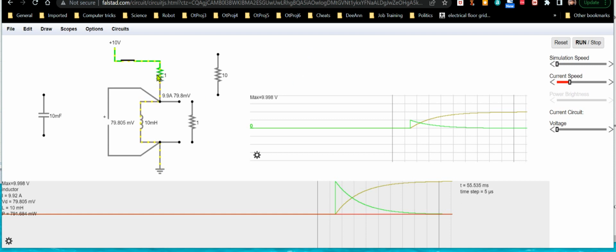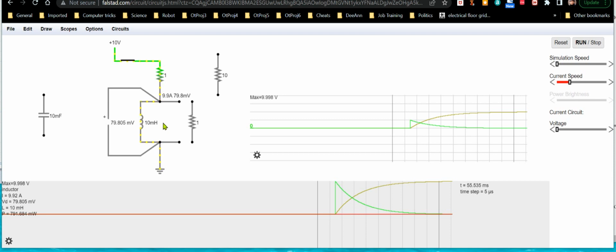So if I were to put a bigger resistor in here instead of this 1 ohm resistor, believe it or not, it would take less time for the inductor to charge up its field. Now, why would that be, you might ask?